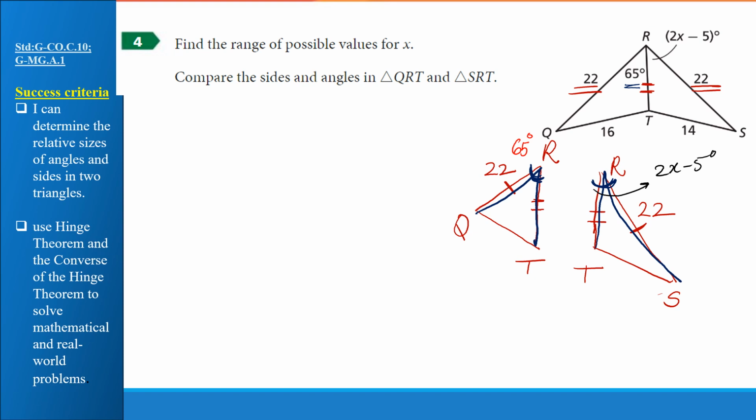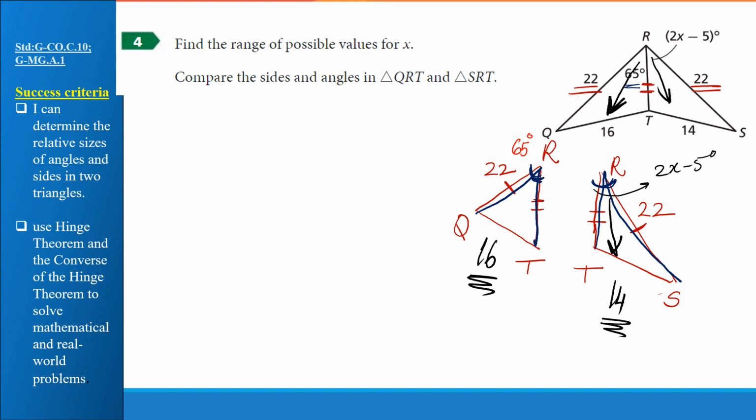Now compare the sides. Opposite to this 65, the length of the side QT is 16. Whereas opposite to the angle 2x minus 5, the length of the side is 14. Which side is bigger, 16 or 14? Of course, 16 is bigger than 14.